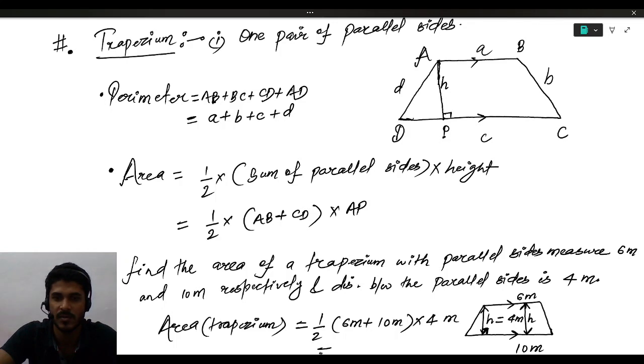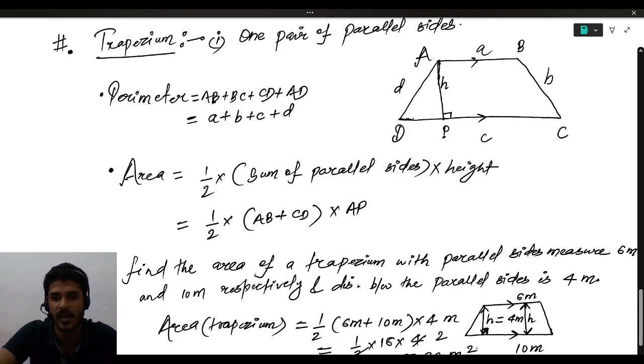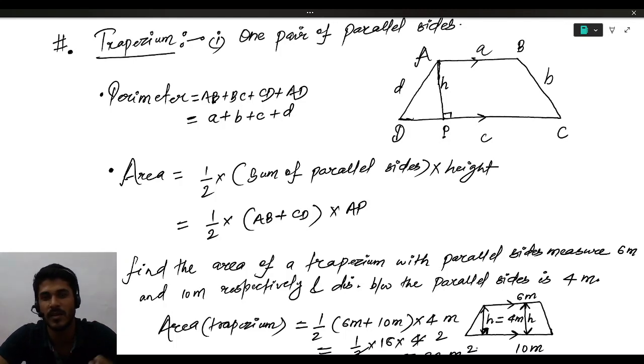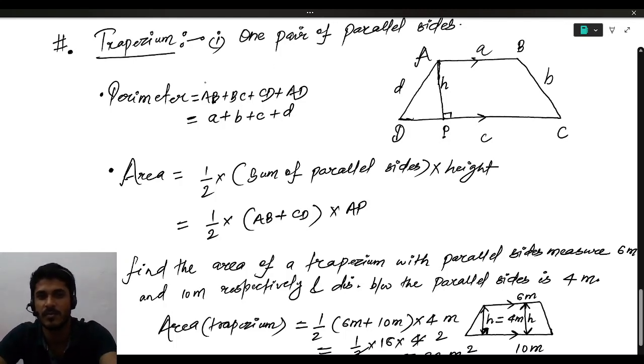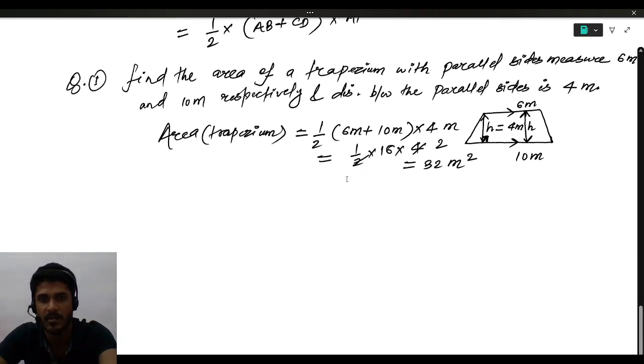So it becomes 1 by 2 into 16 into 4. 2 cancels 4 two times, so it becomes simply 32 meter square. So this is the area of the trapezium. Hope you understand the lecture. We can take another question as well.